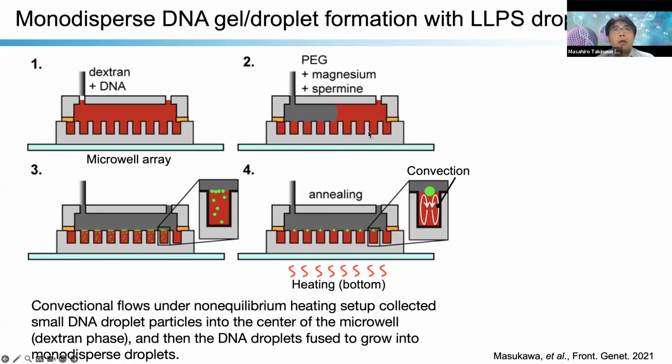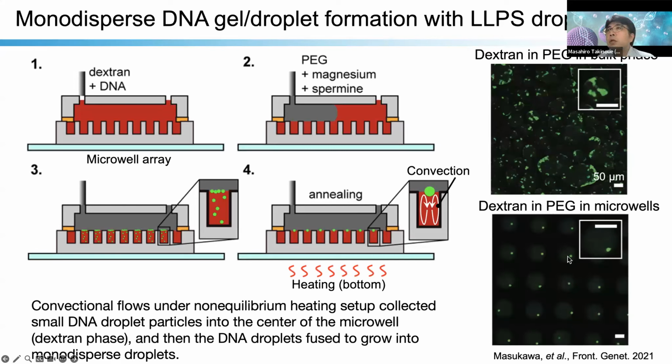Then DNA microgels, microdroplets, are formed only in the dextran phase like this. By 2 or 3 times of annealing, homogeneous size DNA droplets are formed in the dextran phase like this. This is a very interesting phenomenon.